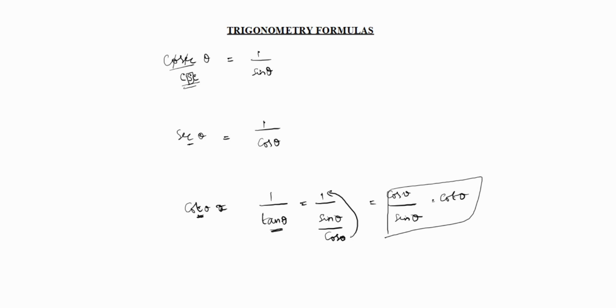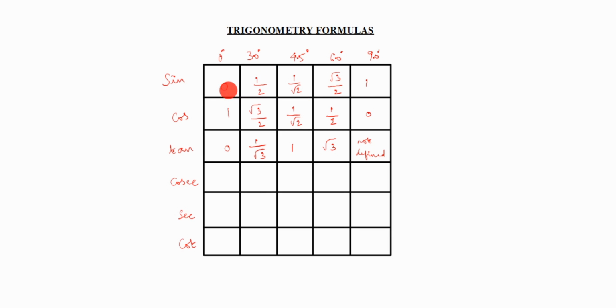Secant is 1 by cos. Cosec is 1 by sin theta. This is the formula. Already I uploaded the video of sin 0 degree, 30, 45, 60, 90, cos, tan. Now we will see cosec, sec and cot. In this case, cosec is 1 by sin.